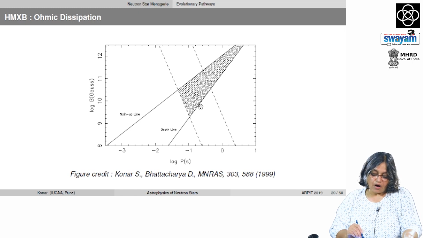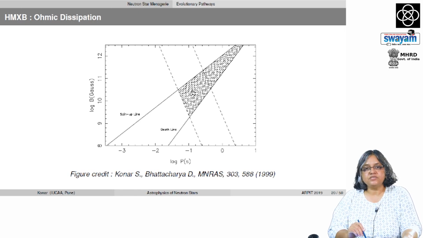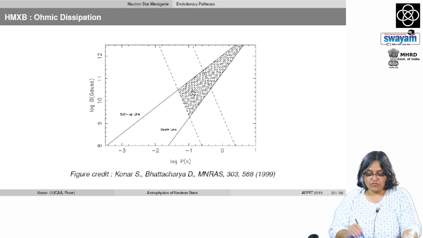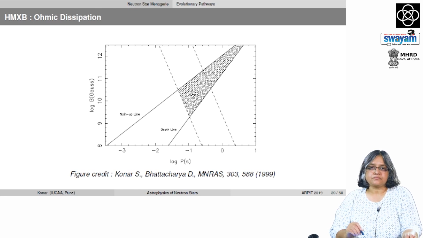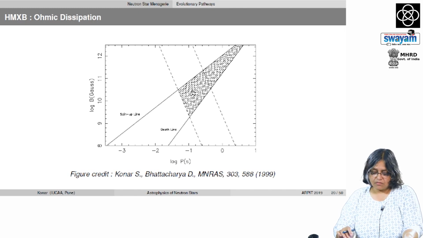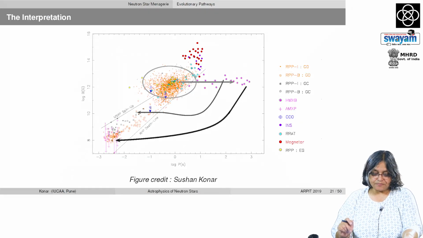So, objects from the HMXBs are likely to come in roughly the same region of the ordinary radio pulsars, which we have seen in the initial histogram plot of the radio pulsars, where the intermediate Gaussian component is very much under the main component of the ordinary radio pulsars.